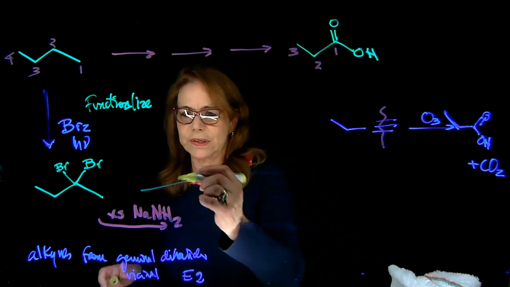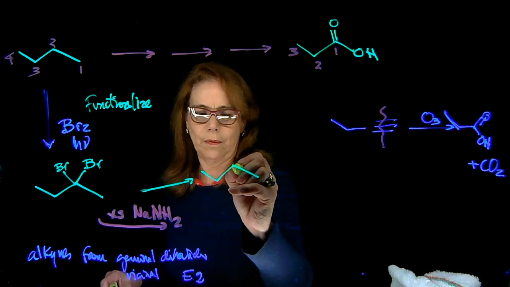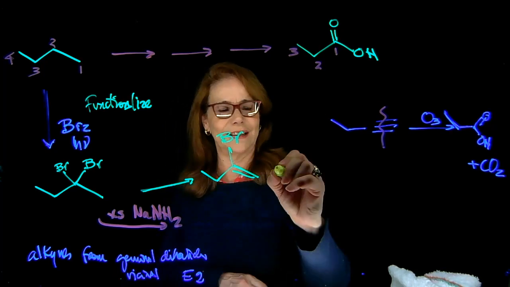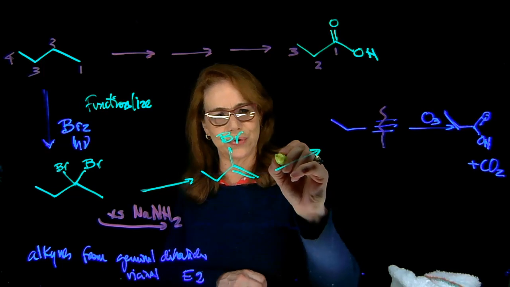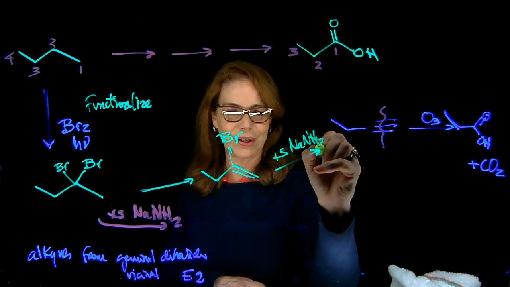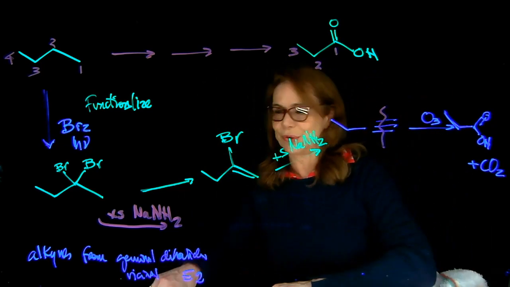First you're going to form the alkene, but in the second elimination, again using an excess of sodium amide, you're going to make the alkyne that you need. Last step is then the ozonolysis.